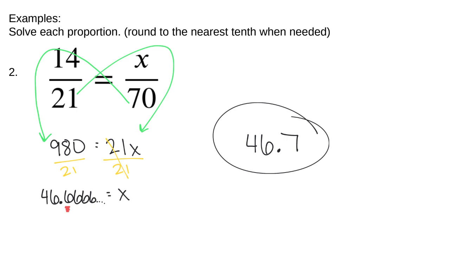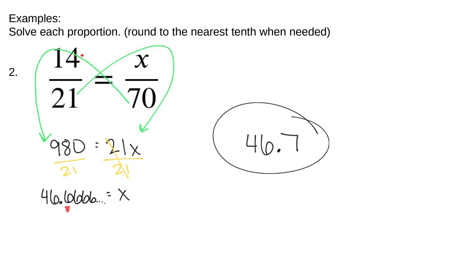When you're done, you should take a minute and make sure this makes sense. If you put 46.7 in this spot for x, would this fraction be equivalent to this fraction? Well, you can see that 14 is less than 21, and my 46.7 is less than 70. That's a good indicator.